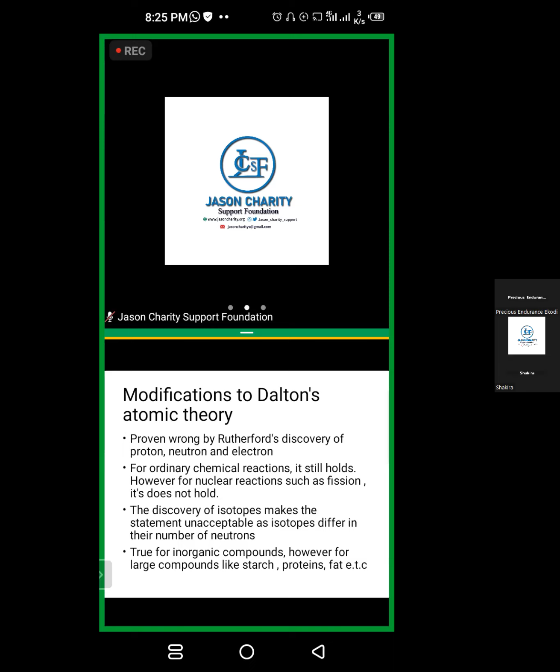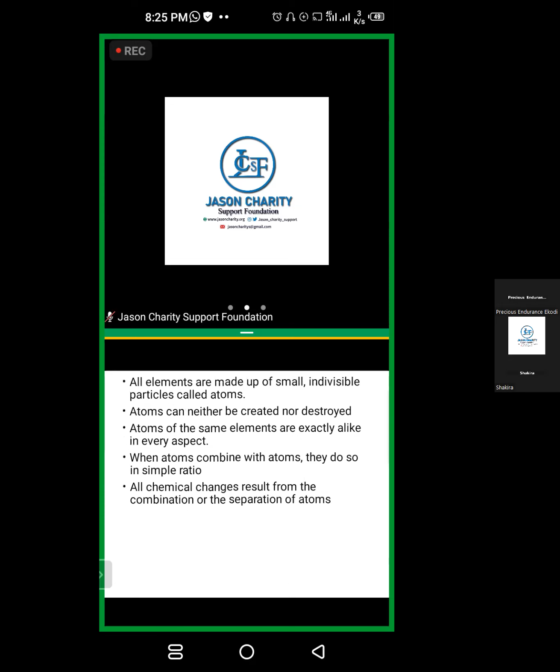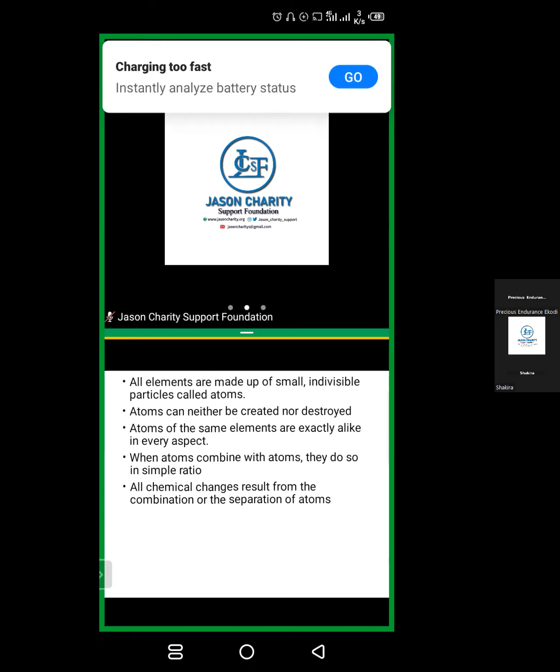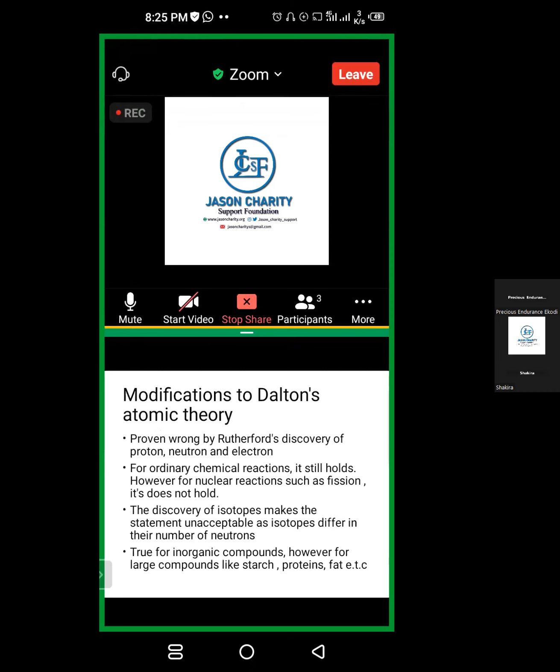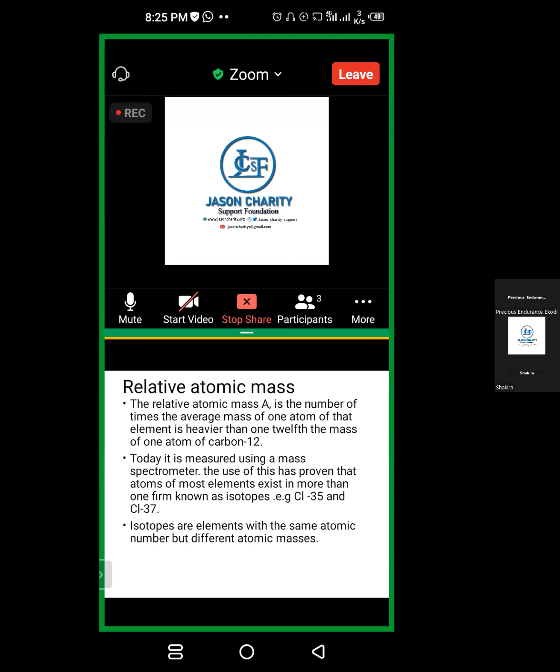Now, that is for the fourth one. Well, the fifth one still holds, because for chemical change to actually occur, there has to be either a breaking down or coming together of different atoms, as the case may be. So that's Dalton's atomic theory and the modification that were made to it by other scientists.